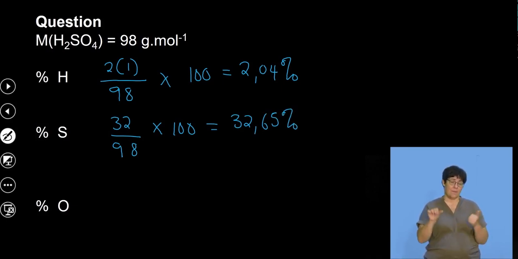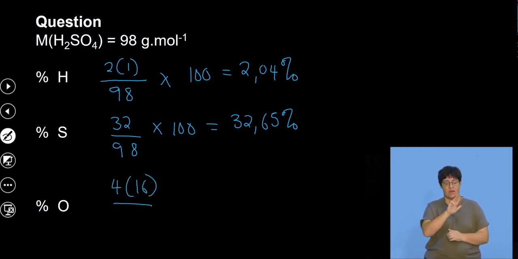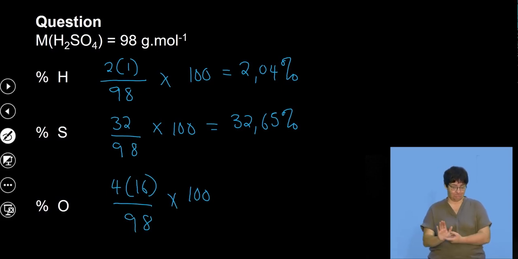And then last but not least, oxygen. If we go back, for oxygen we said 4 of them multiplied by the mass of each one, which is 4 multiplied by 16 over 98. We multiply that by 100 because we want to express the mass of oxygen as a percentage.